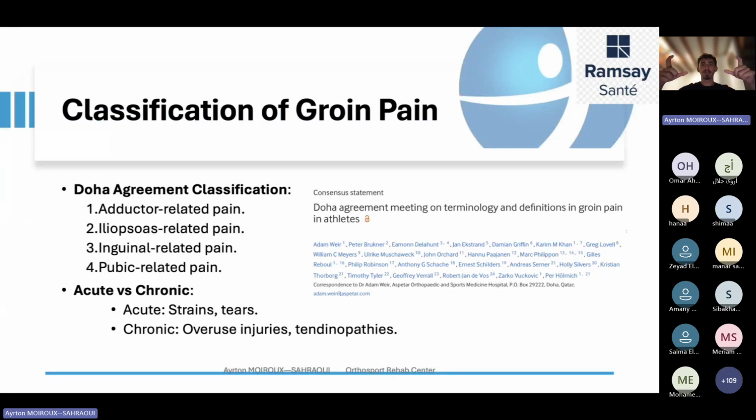So just by teaching them how to control the pelvis, for groin pain but also for other injuries, you need to work on specific drills to teach your patients or your athletes how to control the position of the pelvis.